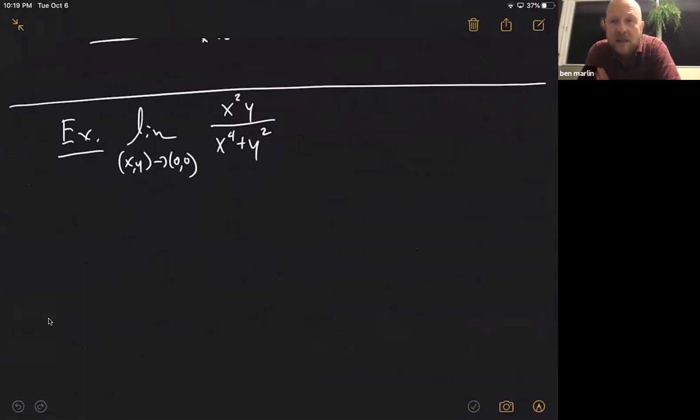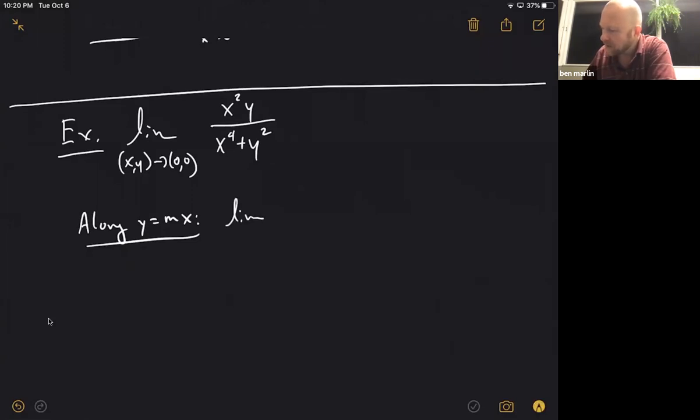So this one here, if you try out every straight line that there is, so I'm going to just go ahead and say along y equals mx. Technically, that doesn't quite get every straight line that there is, because if you get something with undefined slope, you know, but if you went along y equals mx and substituted here, now your limit is going to have x in it going to 0, but we're going to replace the value of y with mx.